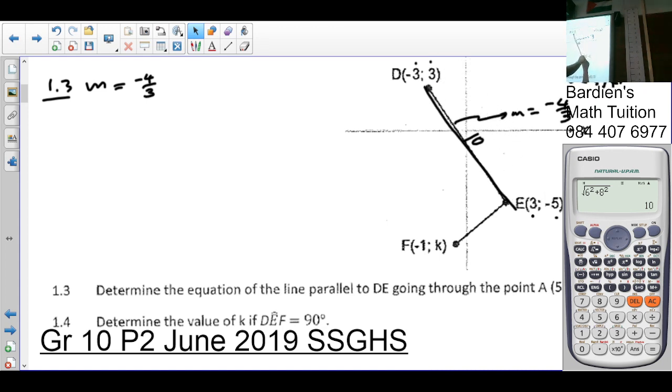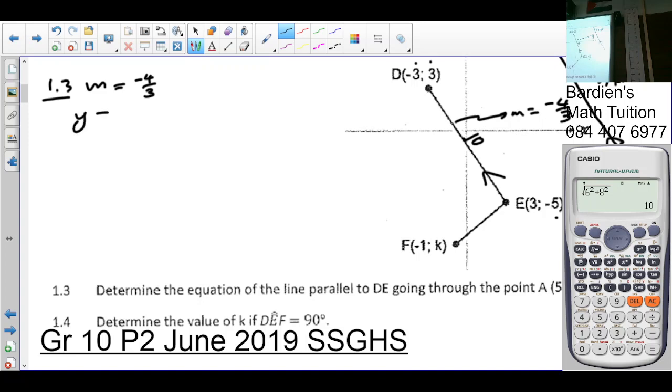So the line is going through A, and the lines are parallel. As you can see, it's going to have a very high y intercept. Can you see that?